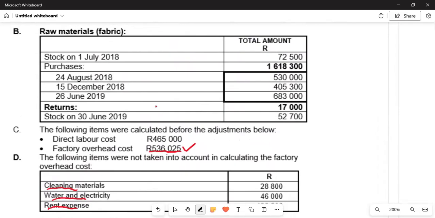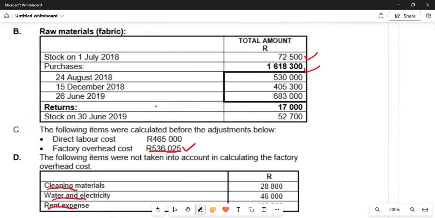We have the opening stock of 72,500, as well as the purchases of 1,618,300. It means that when you add the 24 August 2018 purchases with 15 December 2018 purchases, as well as 26 June 2019, all in all they add up to 1,618,300.